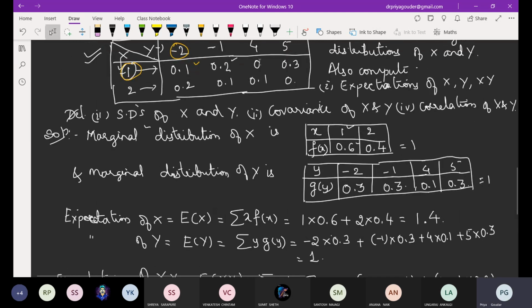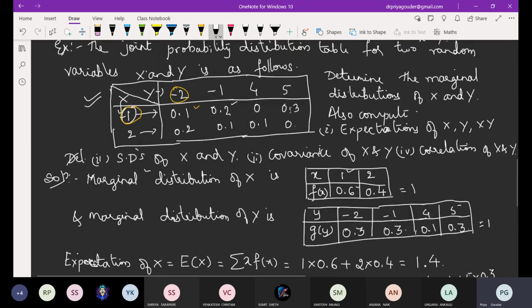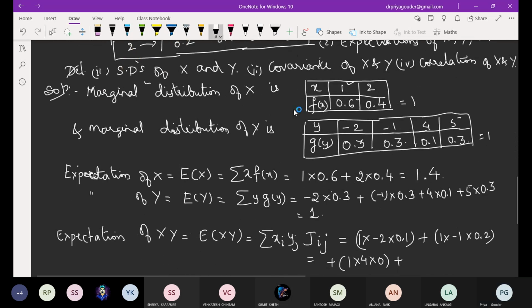That is 1 into 4 into the corresponding value 0. If you want, write it, otherwise don't. I'll write it so that you can understand. Plus, similar to this, 1 into 5 into the corresponding value 0.3.